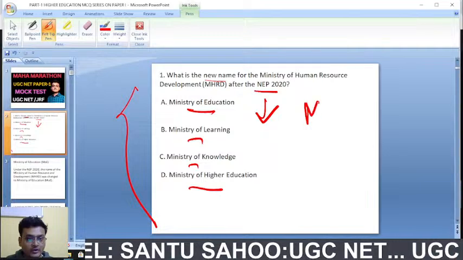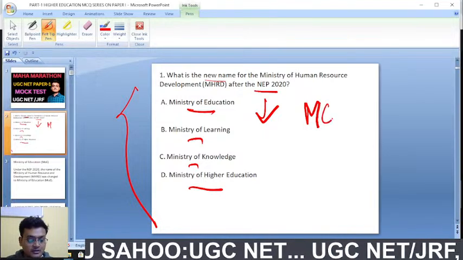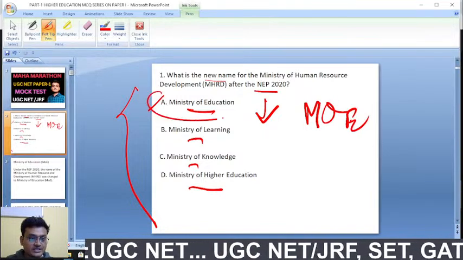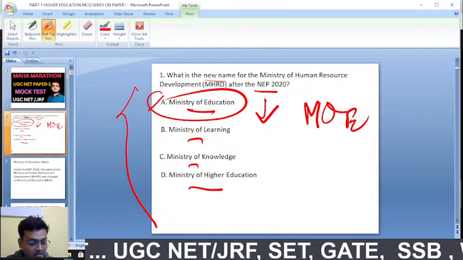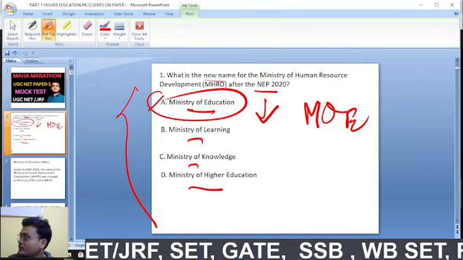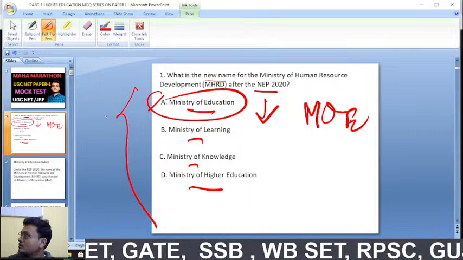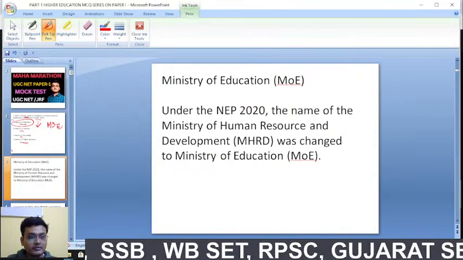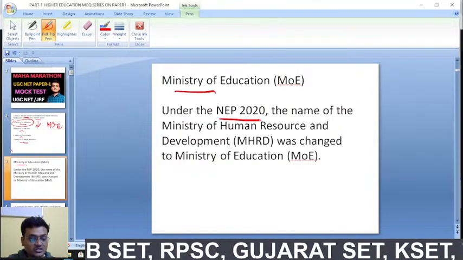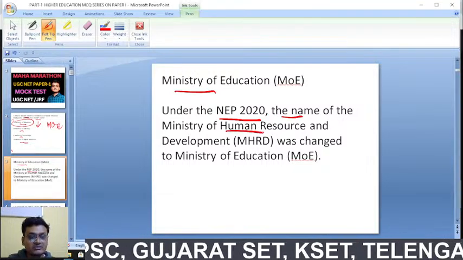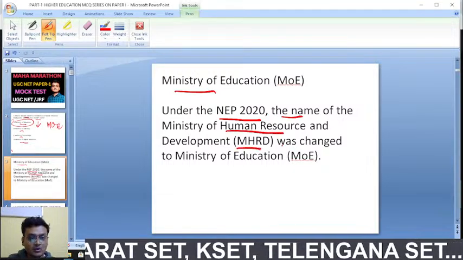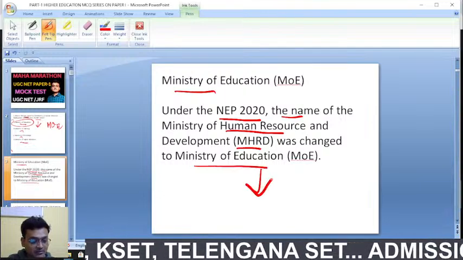It is MOE, the Ministry of Education. Under the NEP 2020, the name of the Ministry of Human Resource Development, MHRD, was changed to Ministry of Education, that is MOE.